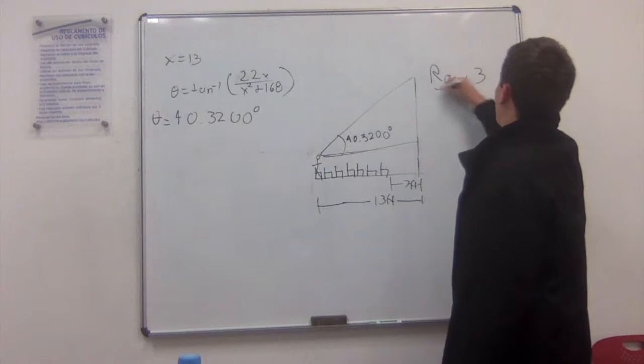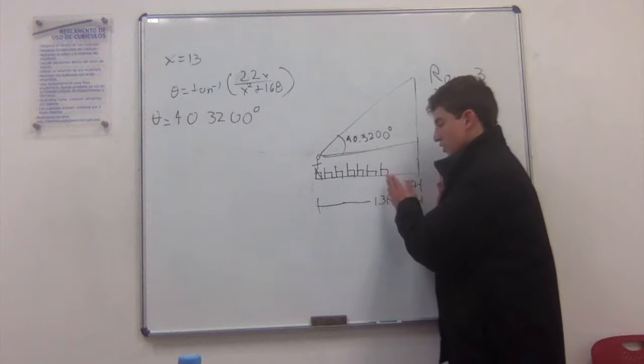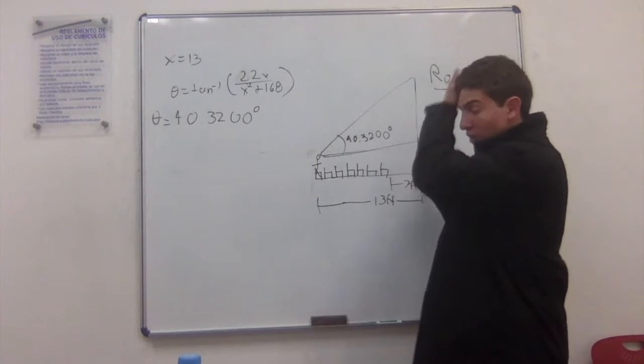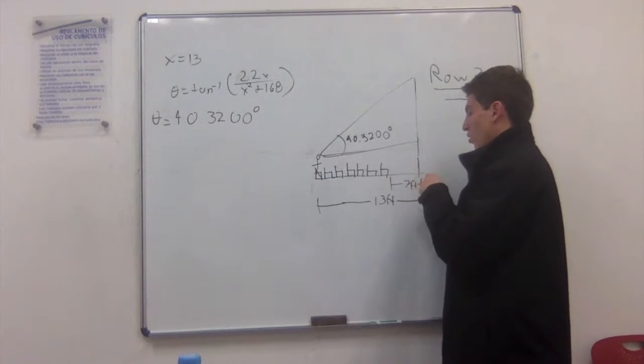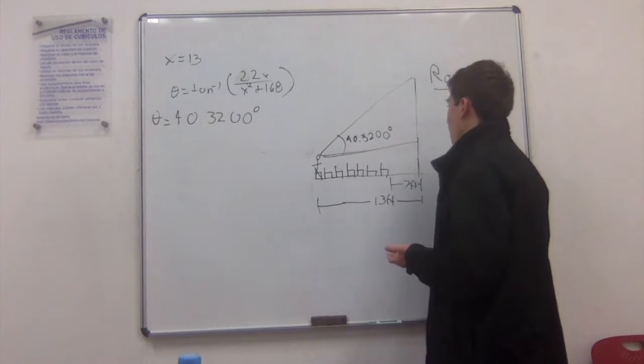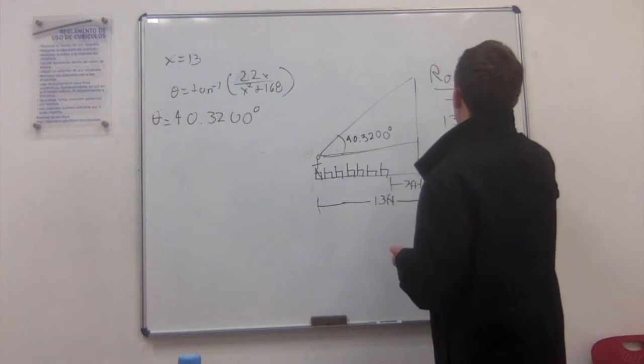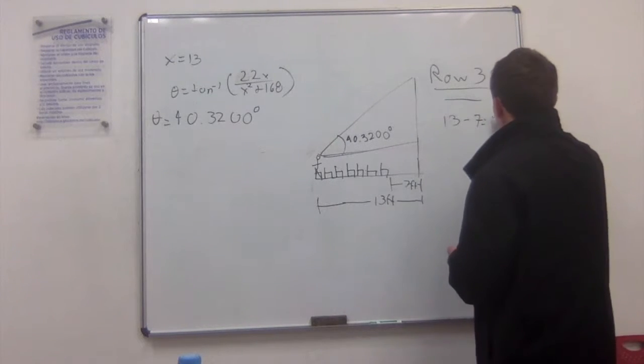Why? Simple. Because we have the first section, the distance between the first row and the wall. In this case, we have 7 feet. So 30 minus 7 is equal to 6.